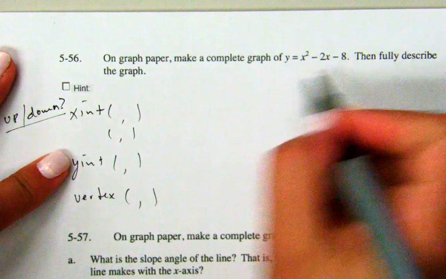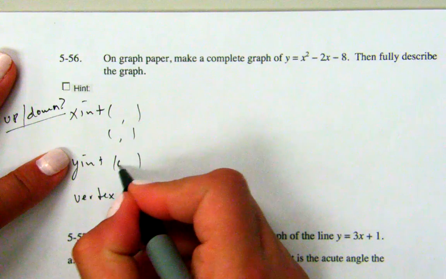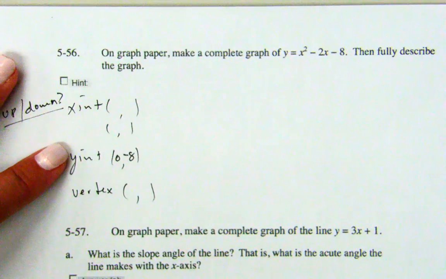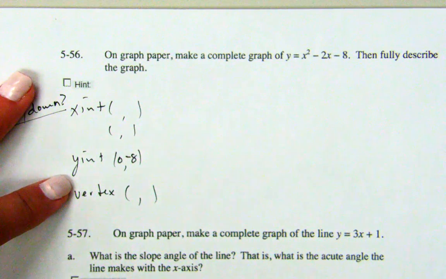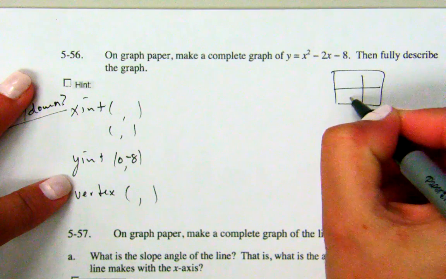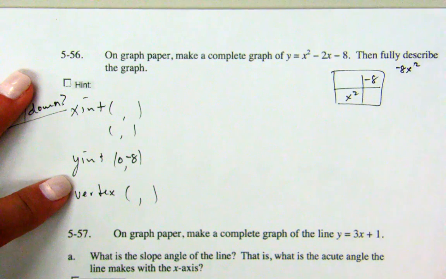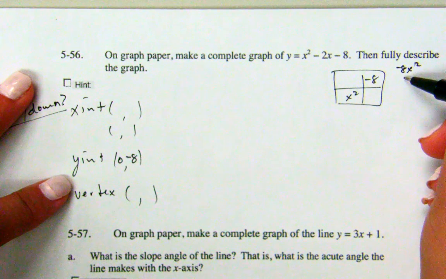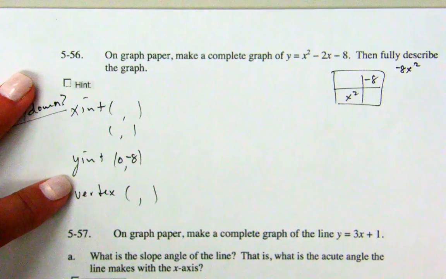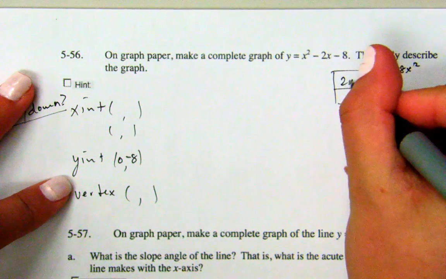Okay, well, I know the y-intercept right away since it is in standard form: it is 0, -8. And I don't know anything else besides that, so I'm just going to factor this thing. I have an x squared, I have -8, so I'm looking for two numbers multiplied to -8 but added together give you -2. 4 and 2, -4x and 2x.